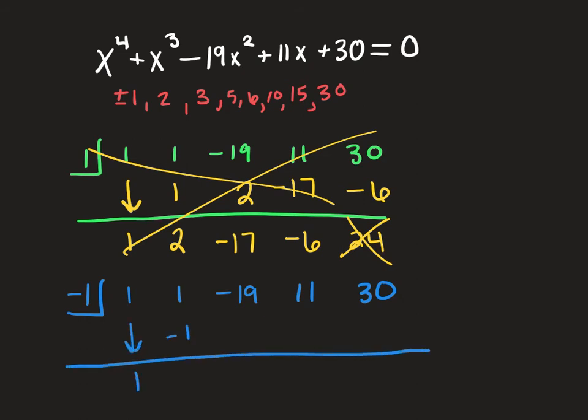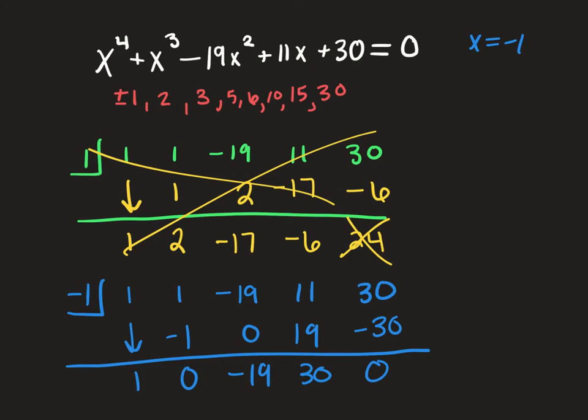So 1, negative 1, 0, 0, negative 19. 30, negative 30, 0. All right, so now we know that x equals negative 1.